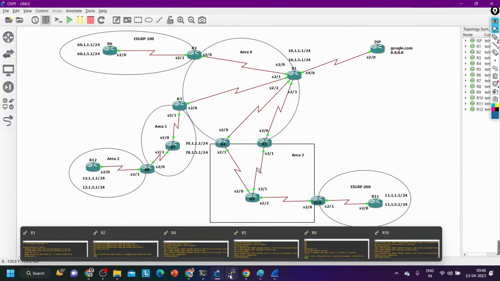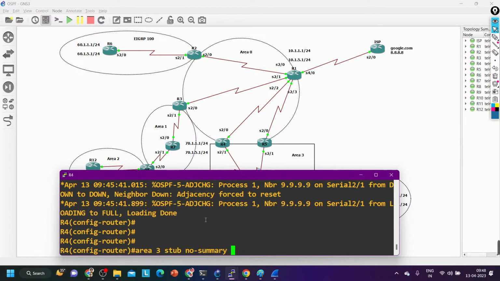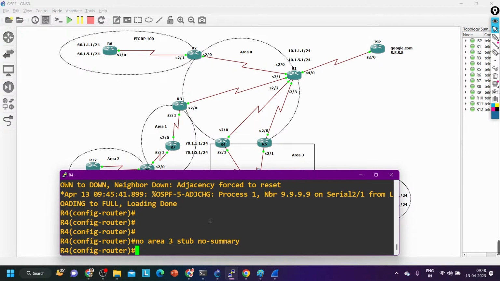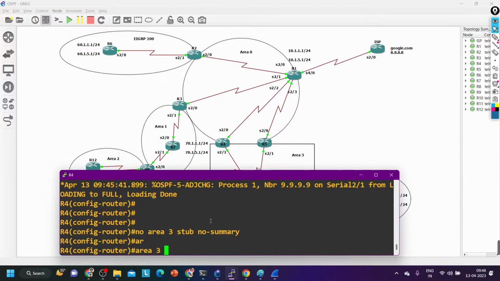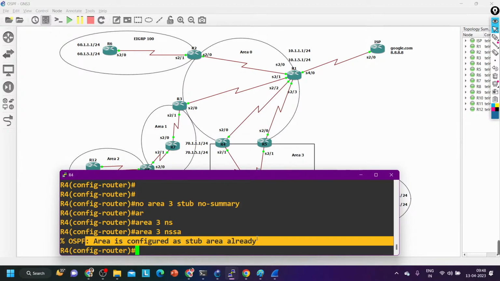Now I am going to configure what? NSSA area. So let me start configuring from router number 4. Say no, and area 3 NSSA area. Okay, so what is it saying? Area is configured as stub already.